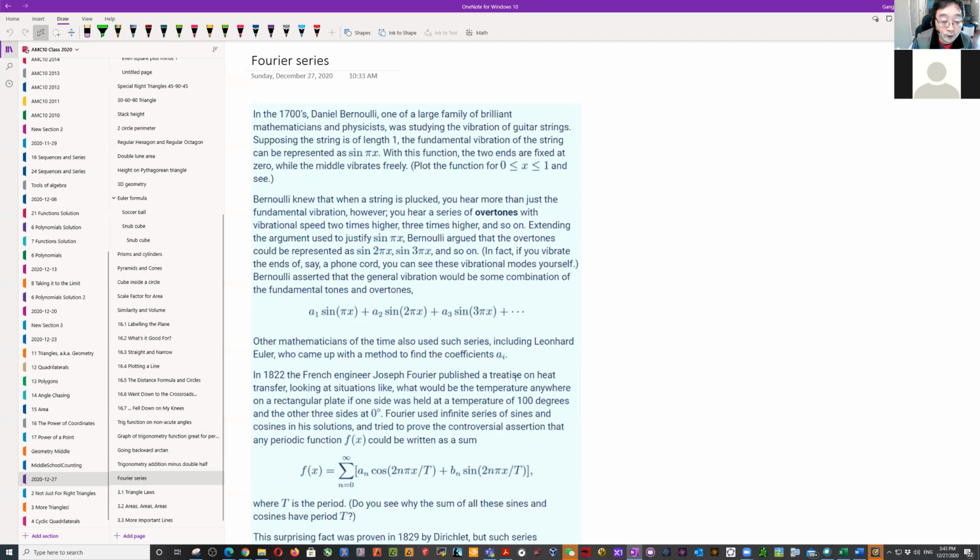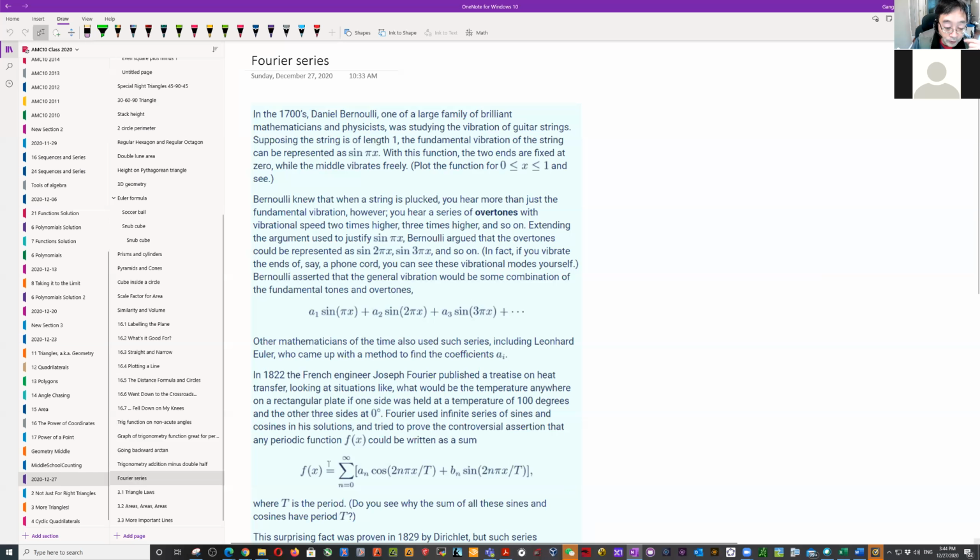For example, in the 1700s, Daniel Bernoulli found that a guitar string making sound can be represented by sine functions. And obviously, when you pluck the string, it will come up with different sounds. It's just a combination of sine functions with different periods, overlaid.